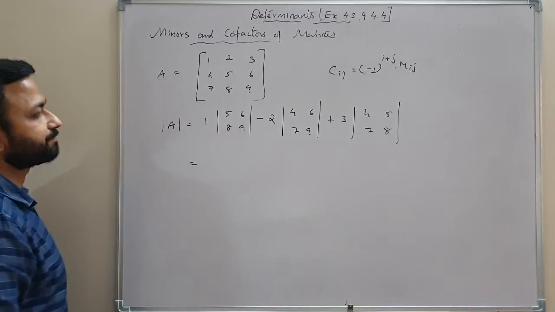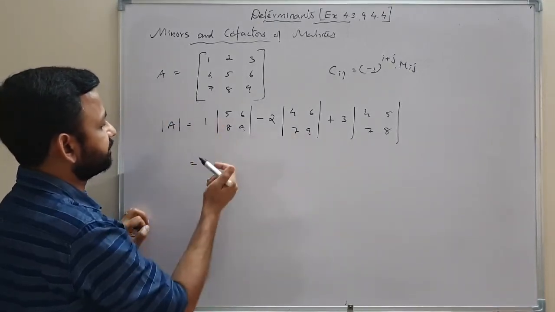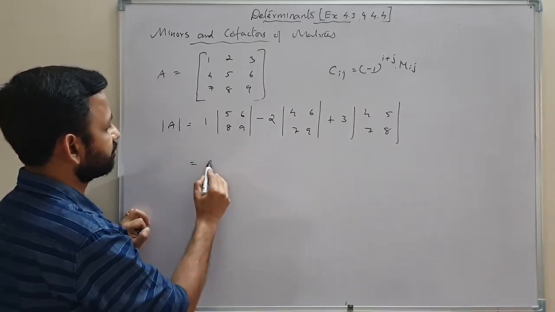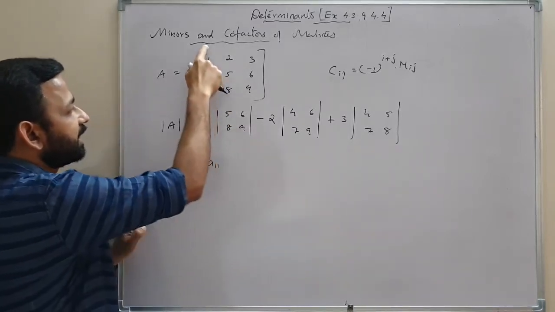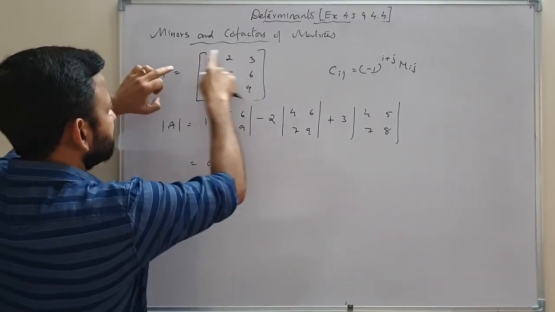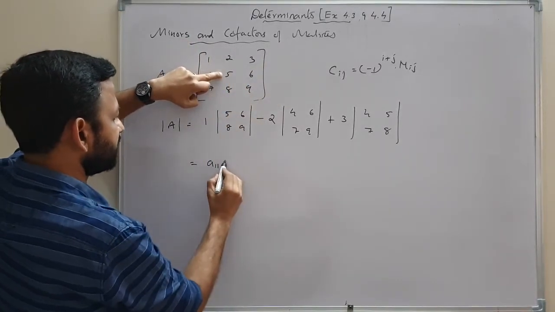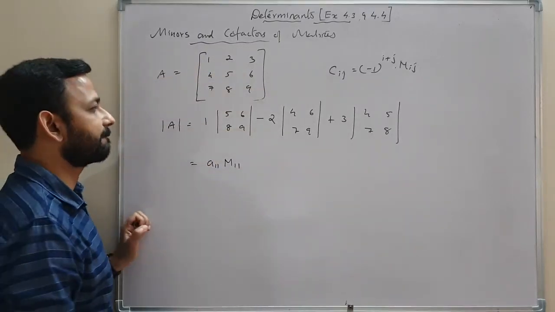Here this one, we can write as 1 into, 1 is A11. The first element is A11. And 5, 6, 8, 9, when we delete this row and column, is the minor of 1, 1.